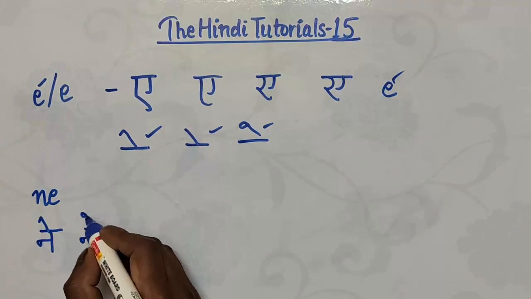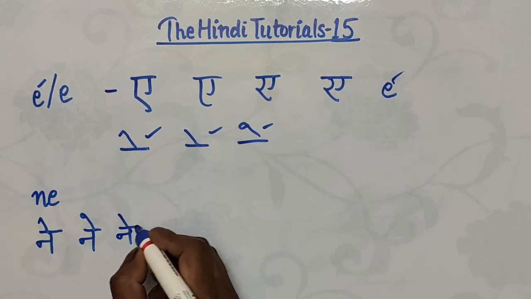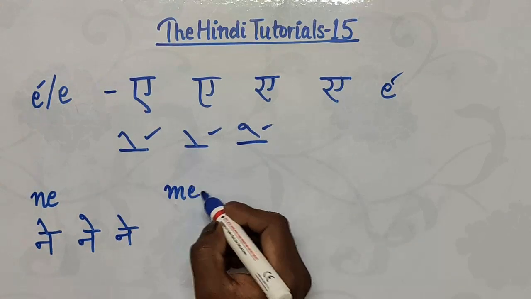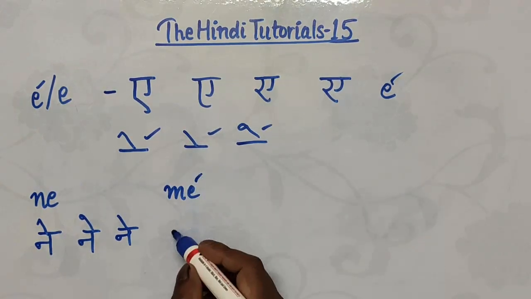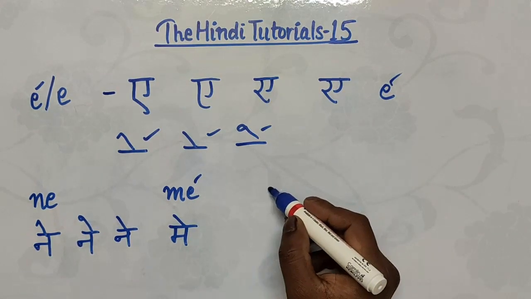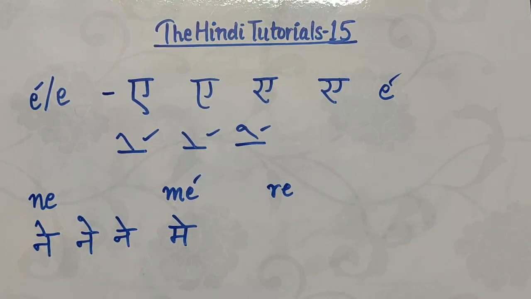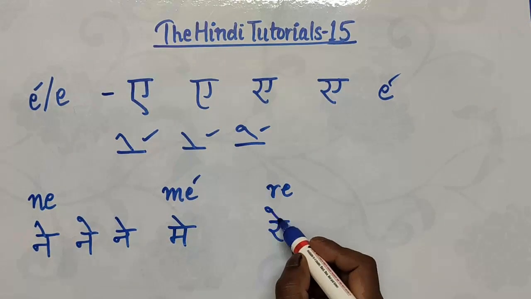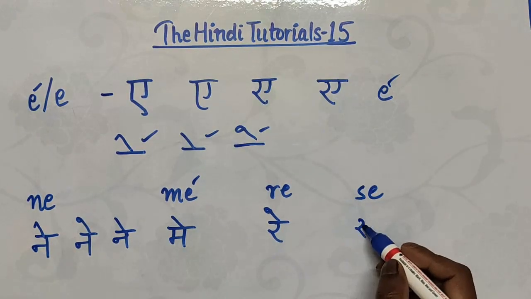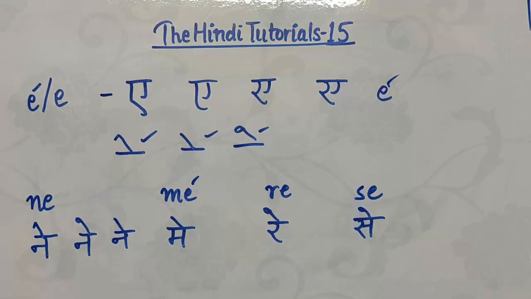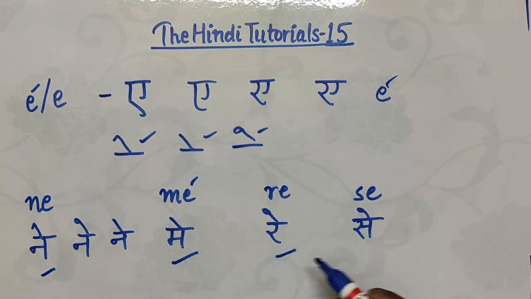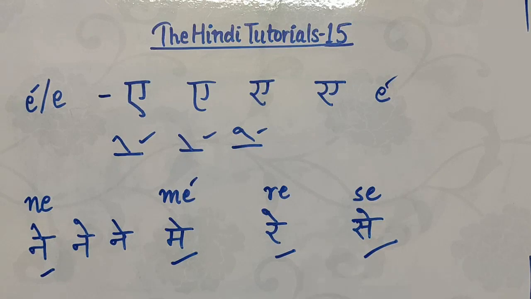You can also make a straight line like this. It depends on you, your choice. If I want to write me, I'll write ma and then me. Similarly, re, se. से, ने, में, रे, से. Okay. And e.